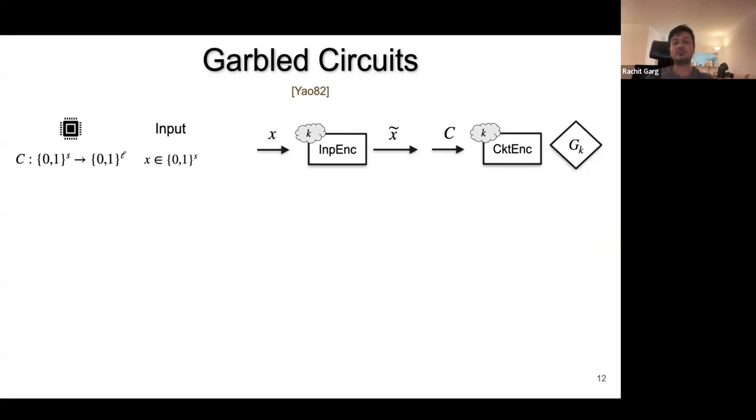So how do I use this object? So recall that the circuit that I wanted to garble was the LFE encryption circuit. So this is the circuit that I'll garble. It takes an X and outputs an LFE encryption.